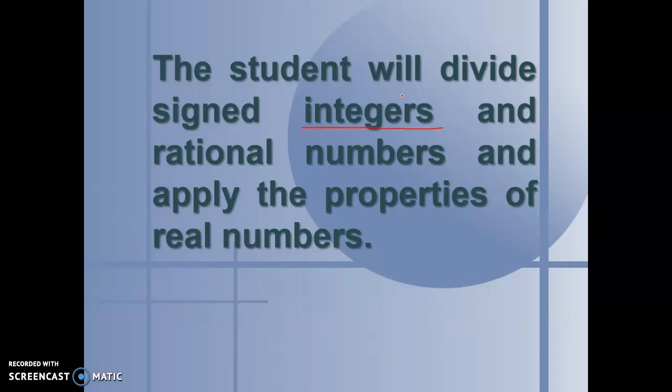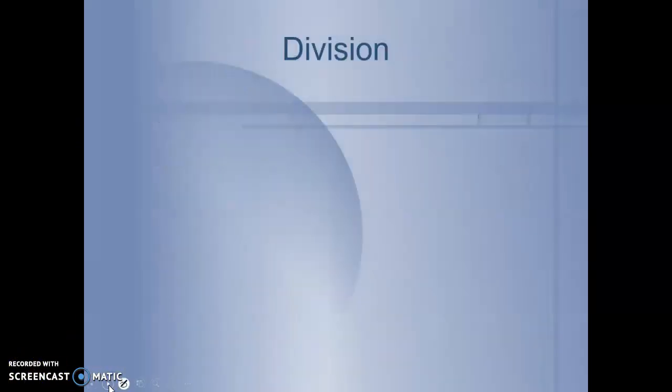Rational numbers are numbers that can be written as a fraction, which includes all the integers plus all the numbers that are parts of integers, like 3/4, 5/6, etc. Remember that when integers are written as rational numbers, like the integer 2, it is just 2 over 1. So keep that in mind.